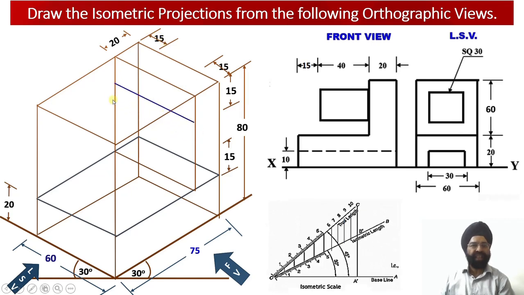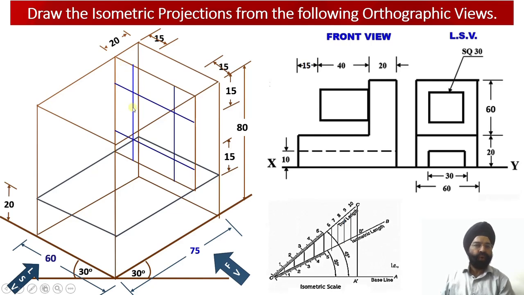Now please check, this is the first projection line corresponding to the distance from the top. This is the second projection line corresponding to the distance from the bottom. This is the third projection line corresponding to the distance from the right hand side gap, and this is the offset of 15 millimeter from the left hand side vertical edge.